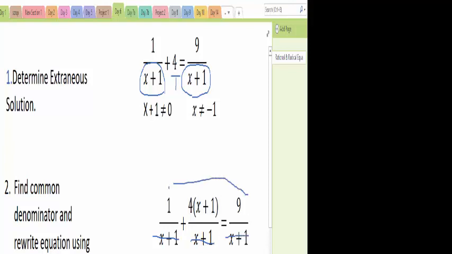And then we simply have the numerator as an equation, which is not that difficult to solve.